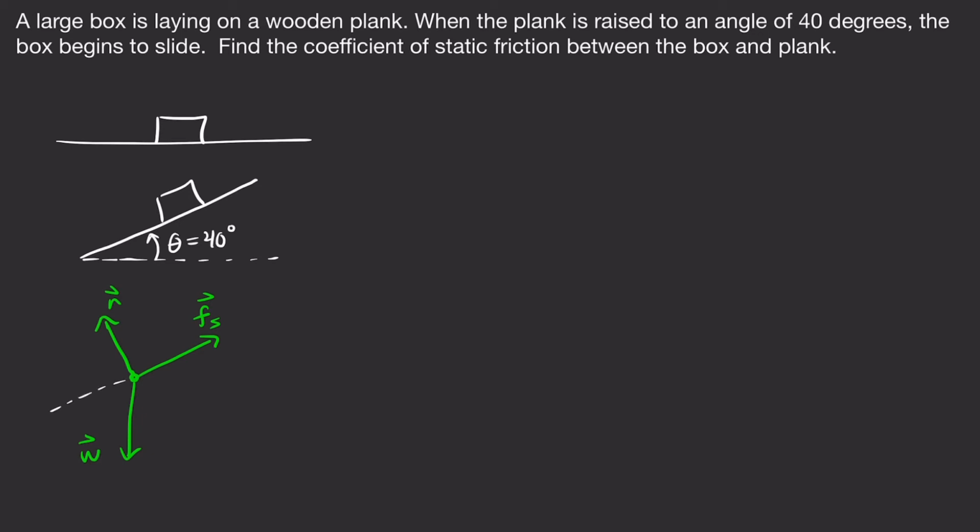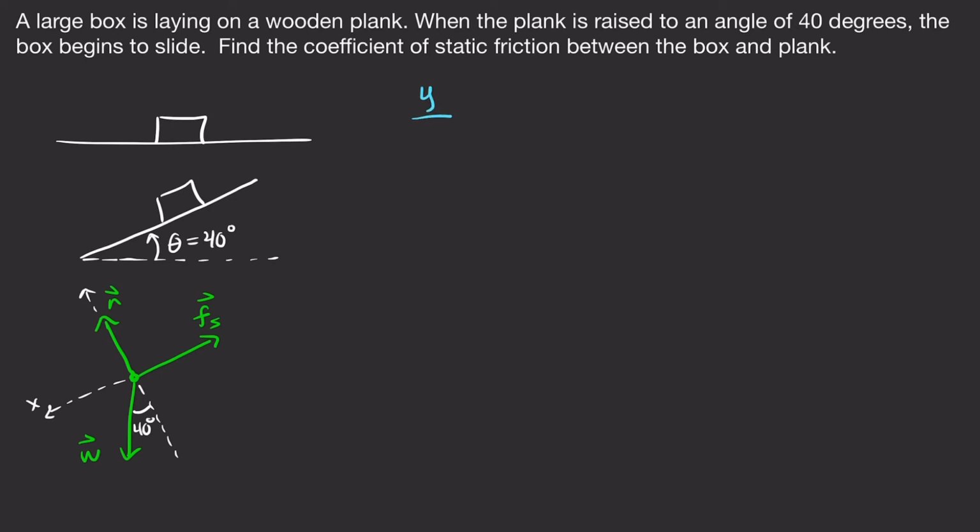Okay, so I'm going to put our positive x-axis going down the ramp and our y-axis going perpendicular. This is 40 degrees. And now that we have our free body diagram with all of our forces, we can start doing Newton's laws.